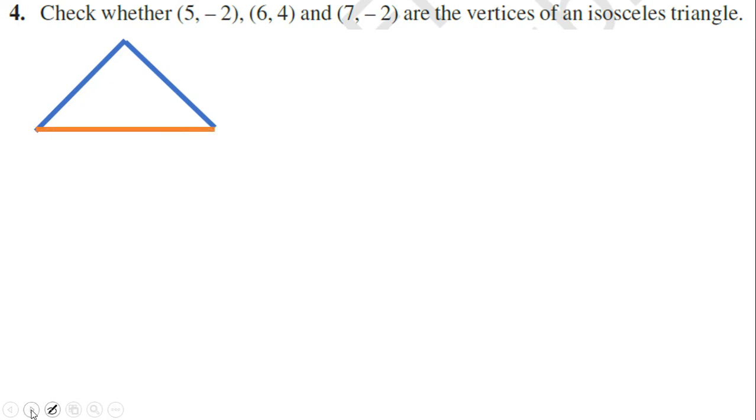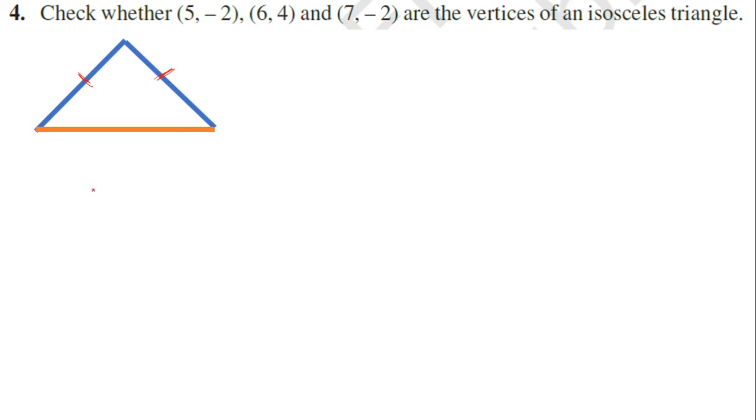Here the third side can be different. We can mark it by any sign. You see, I have put one cut here, so both these sides are the same, and I have shown it with a blue pen.